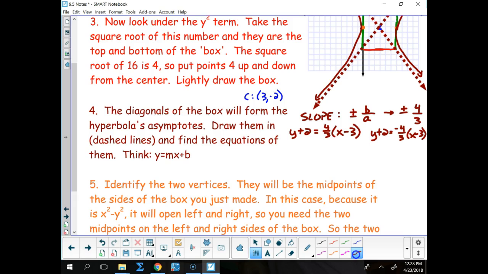So we'd go y minus k equals m times x minus h, and you have to do that twice because there are two different lines.